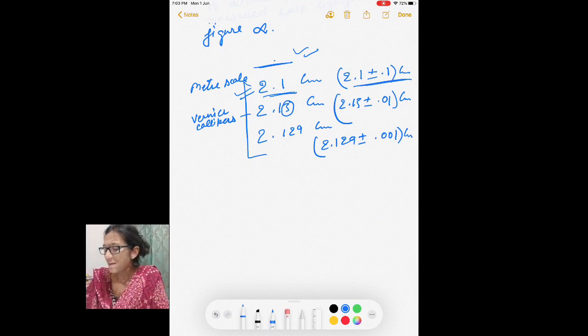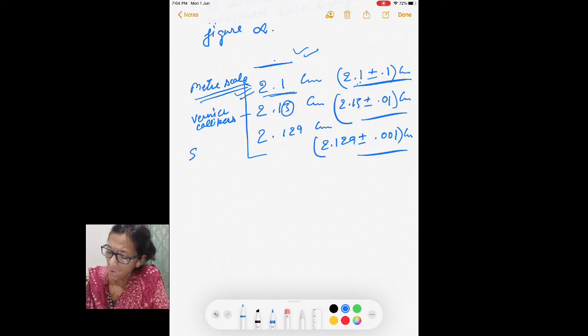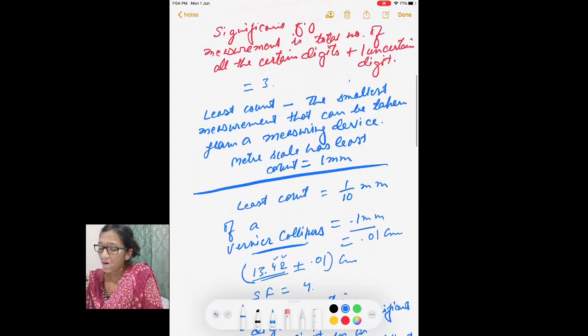So seeing the measurement, even though you have not been told which measuring devices were used, you can immediately say from the result that the uncertain digit is up to a tenth of a centimeter, so the measuring device is a meter scale. In the next case it is vernier calipers, and in the last case it is a screw gauge. So this is all about significant figures.